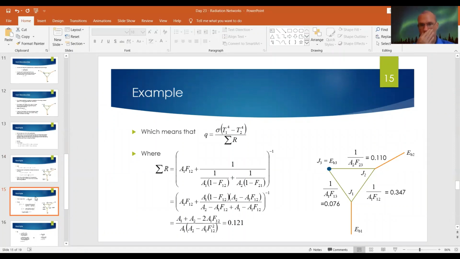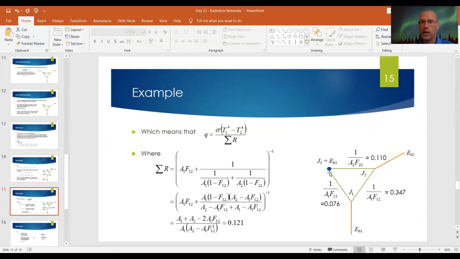And I get my total heat transfer, Q equals sigma times T1 to the fourth minus T2 to the fourth, over the total resistance. Total resistance in this case, going from object 1 to object 2, I get no resistance down these orange lines. So I have two options. I can either take the direct route from 1 to 2, which has a resistance of 1 over A1 F12, which I can calculate to be 0.347, or I can take the long route.